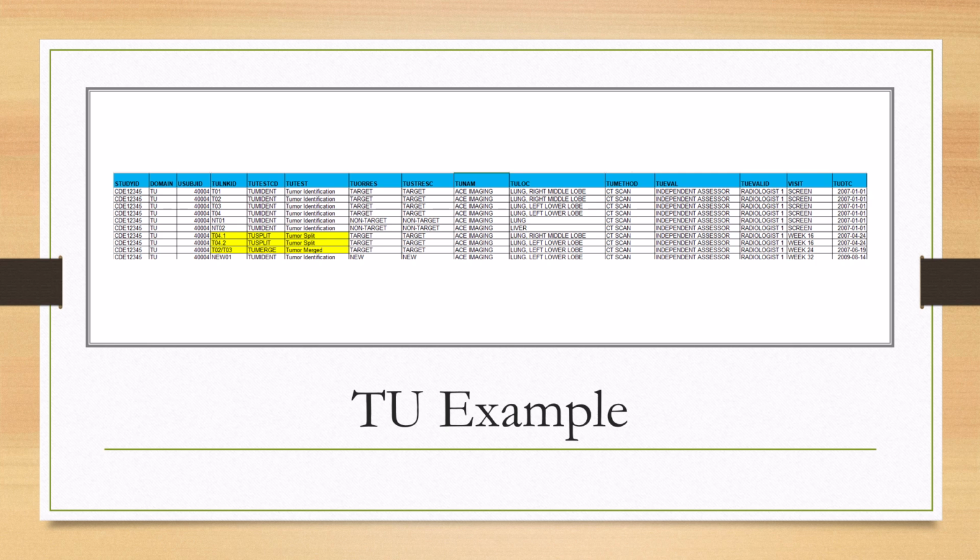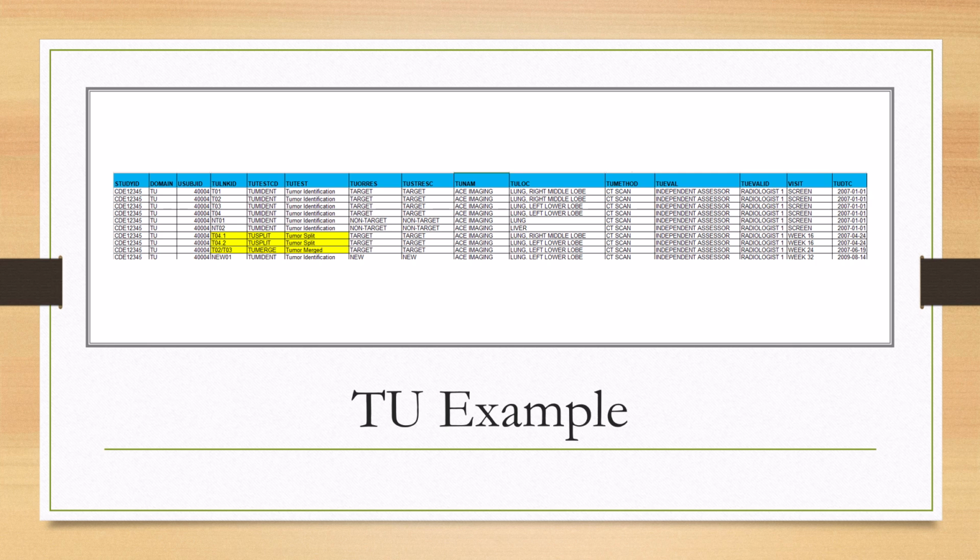Please note that there is no hard and fast rule to populate the link ID in any particular convention, but it is always suggested that the link ID should be populated in such a format that you are able to identify a few pieces of information about the tumor being talked about. So in this case, for the target tumors, we normally use T as a prefix, and for non-target, we use NT as a prefix, followed by a number starting from 0, 1.